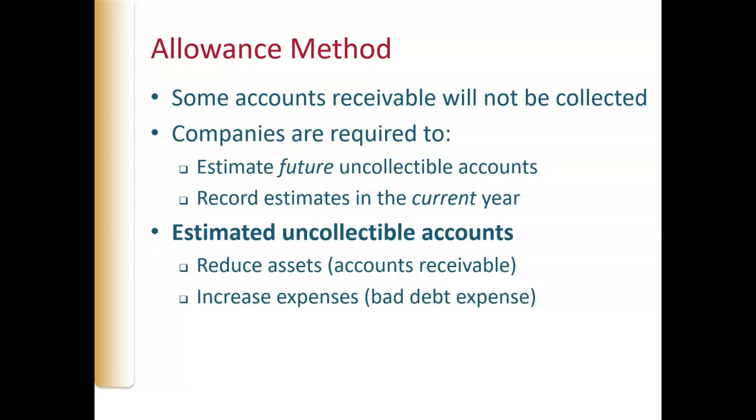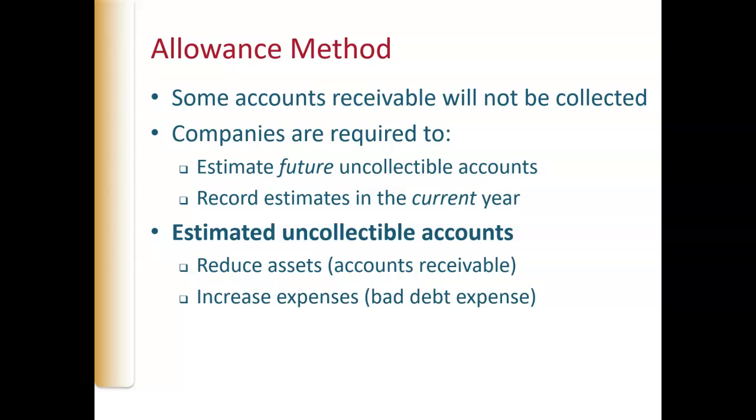So we need to come up with an estimated uncollectible account. What these estimated uncollectible accounts do, it will reduce our accounts receivable, what we're expecting to get in the future.